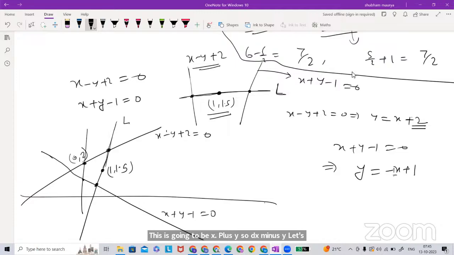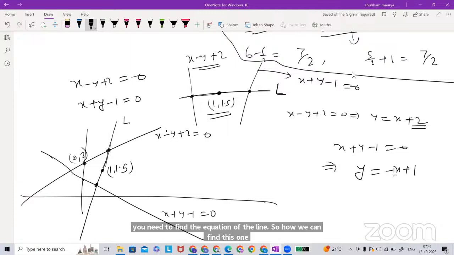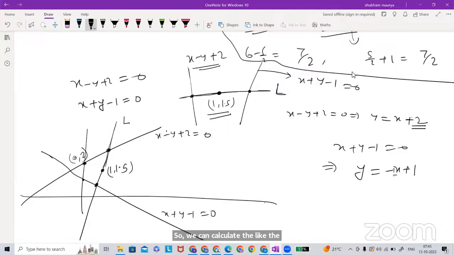We will calculate the points by midpoint, use these two points to calculate the midpoint, and then use that to find the slope, using the slope-point formula. Suppose this is x1, y1 and this is x2, y2.